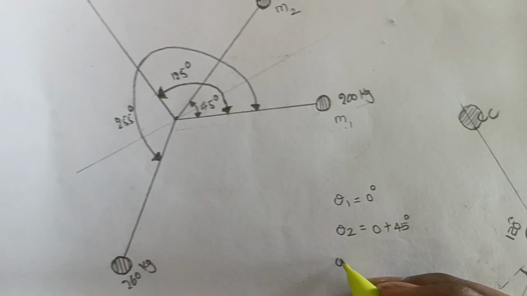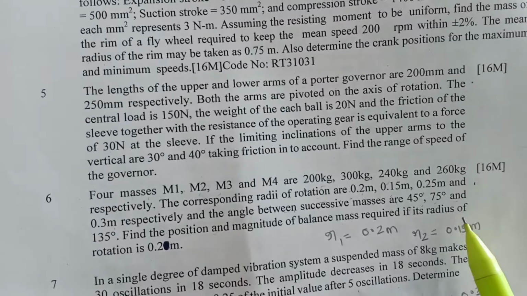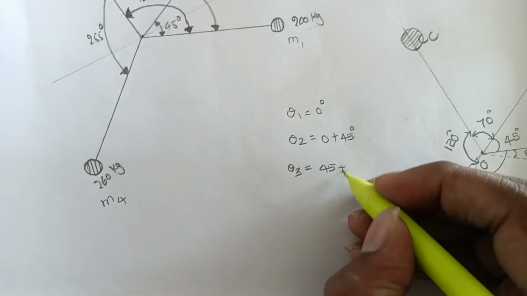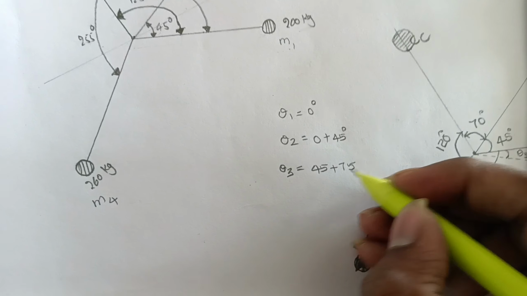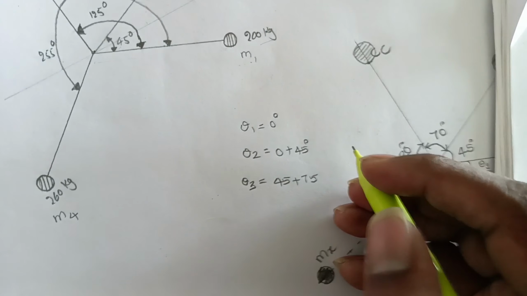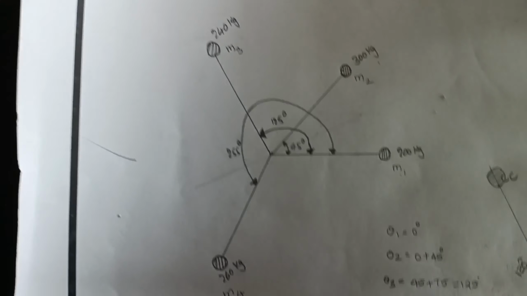Theta 3 is 45 plus 75, that is 125 degrees.